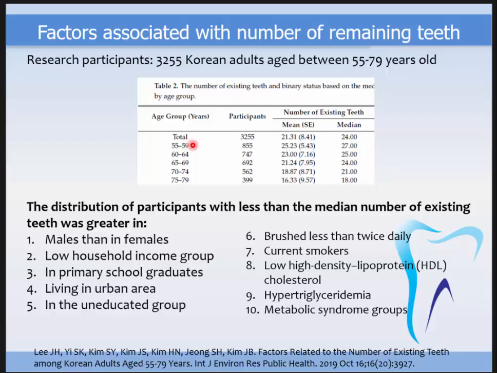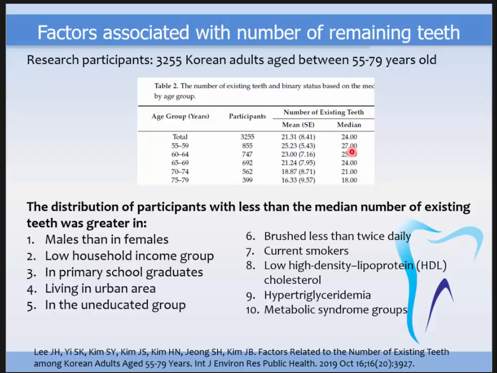They categorize the patients into age groups, and then they also look into the mean and median number of teeth present. So let's say in this age group, in general, people have 25 teeth if you look at the mean, or if you look at the median, 27 teeth present.